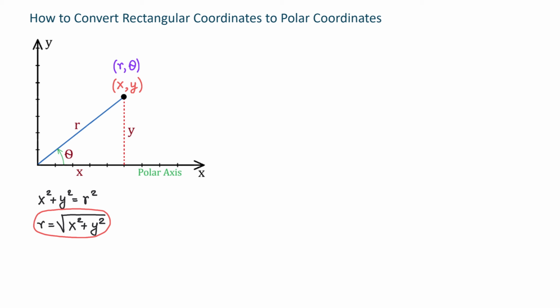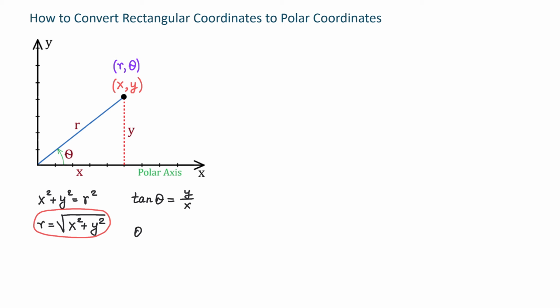Another relation that uses x and y, as well as angle theta, is the tangent function. By definition, tangent of angle theta equals the opposite side y divided by the adjacent side x. So tangent of angle theta equals y over x.